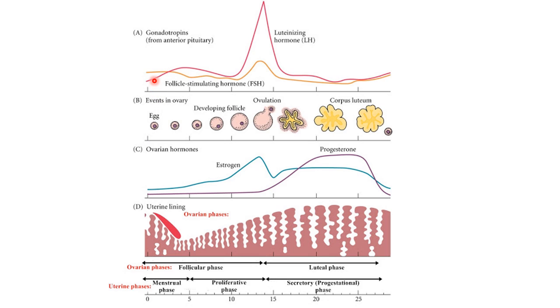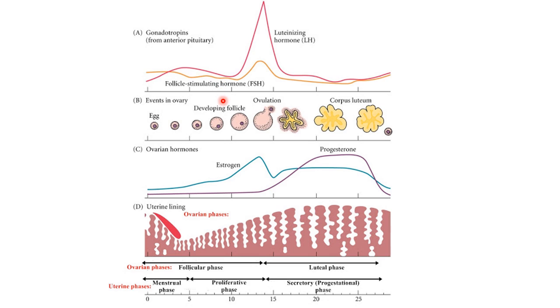Estrogen then will help to rebuild the endometrial layer that was lost during menses. So during the proliferative phase of the menstrual cycle, we're rebuilding, proliferating the endometrial tissue, and that's primarily due to the rising levels of estrogen.